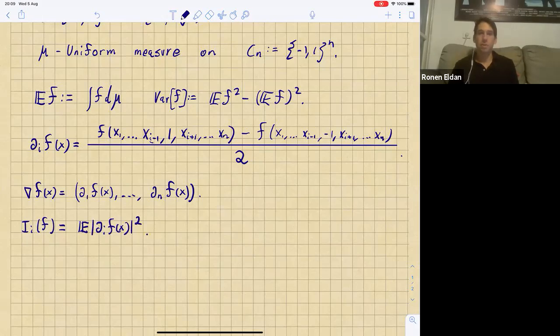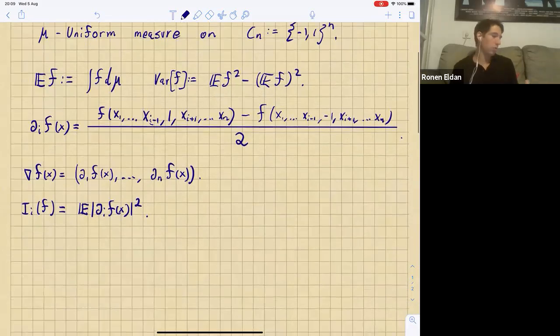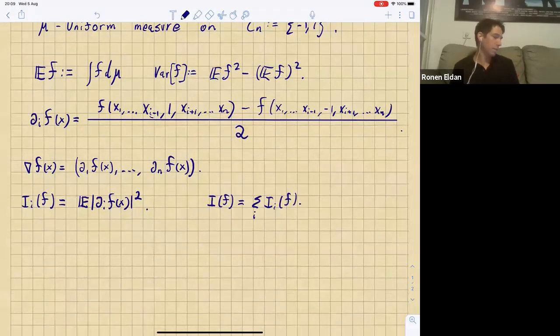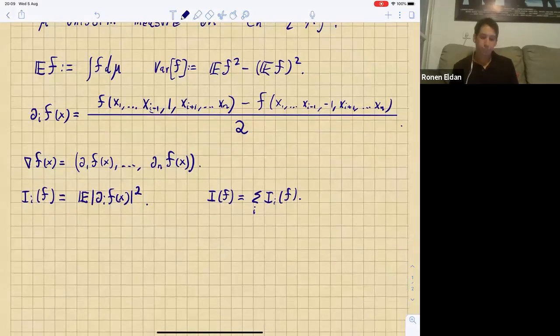Of course, the derivative is either 0, 1, or -1, so the square here doesn't matter so much, but I'm leaving it because it's going to make sense for some of the inequalities which hold for functions which are also not Boolean, real valued. And the total influence, I of f, is just going to be the sum of the influences of coordinates. I guess you've all seen those notations several times in this series of talks.